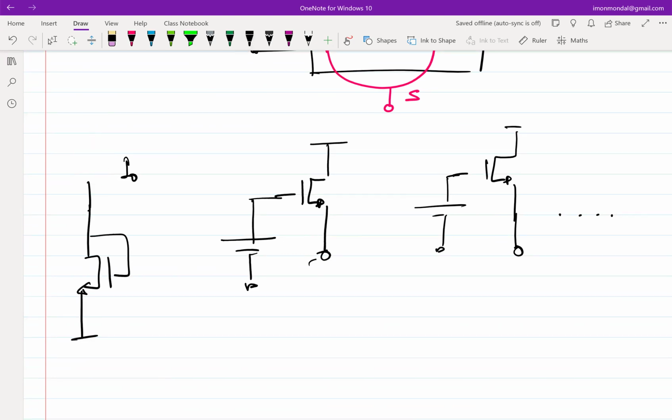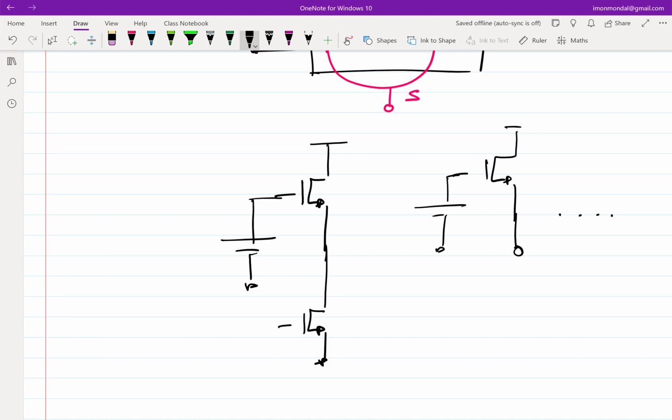Even before going here, we know that if I have a transistor, M1, which is biased in saturation somehow, what is this current? This current will be IDS of M1. Let's say I did the calculation and biased it such that this is of the value of I0.